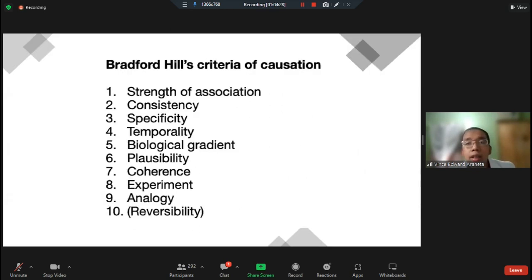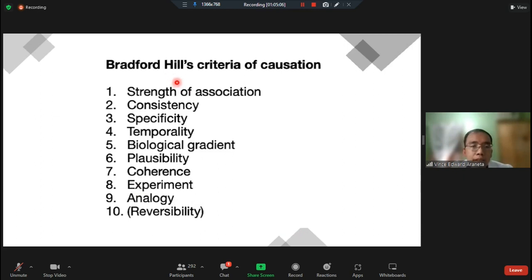During this time, it was formulated with regards to Bradford Hill's criteria of causation. He was an English statistician. He proposed a set of 9 criteria. Actually, the 10th was just added to formalize the disease causation criteria. A set of 9 criteria to provide epidemiologic evidence of a causal relationship between a presumed cause and an observed effect. He even demonstrated the connection between cigarette smoking and lung cancer.